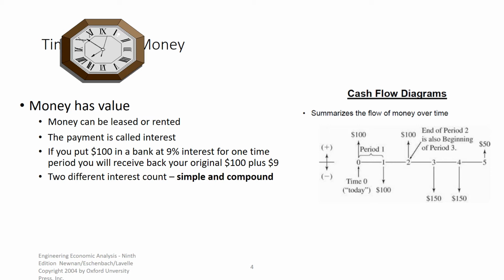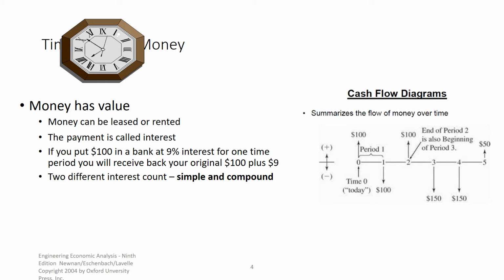You will see that our money has value. Our money also can be leased or rented. All this we call interest. For example, if you put 100 in a bank at 9% interest for one period, you will receive back your original 100 plus 9 ringgit.